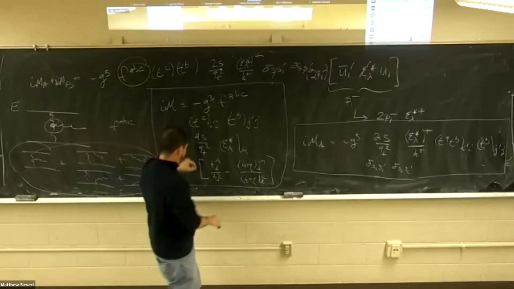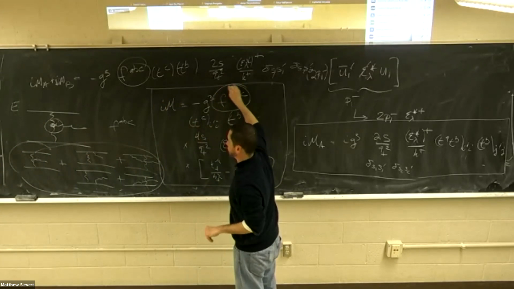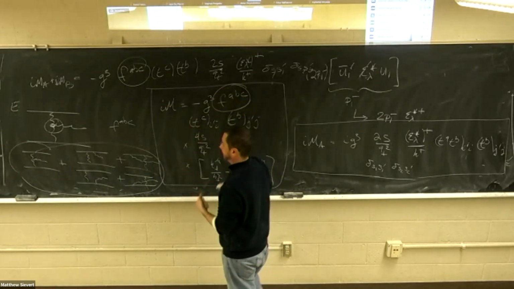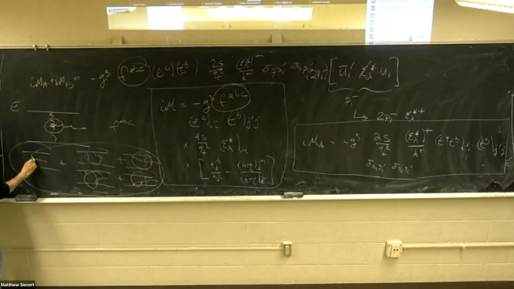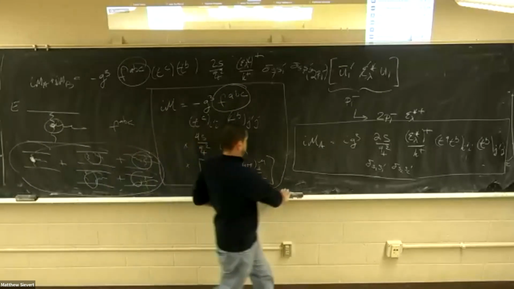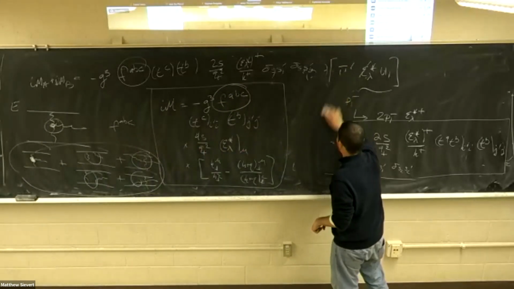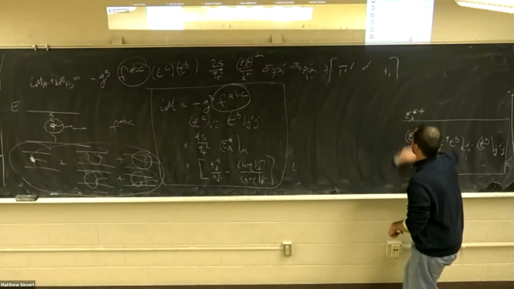I said that this thing combines into a form proportional to f^{ABC}. It looks as if I took all of these other diagrams and turned them into this diagram by adding them all up. You can compactly write the entire thing as an effective 3-gluon vertex.